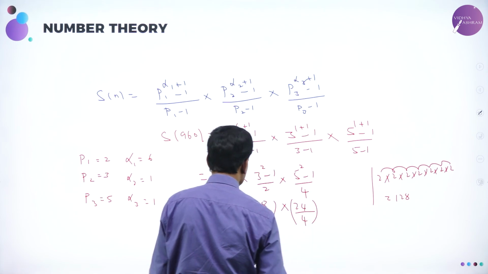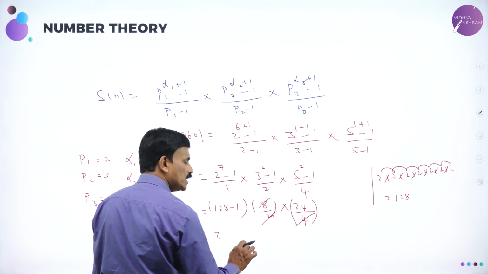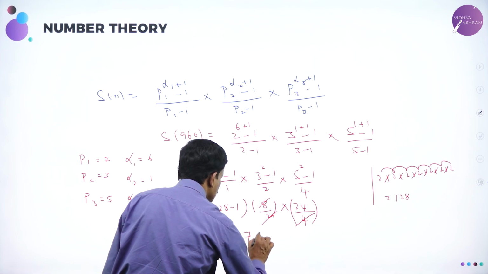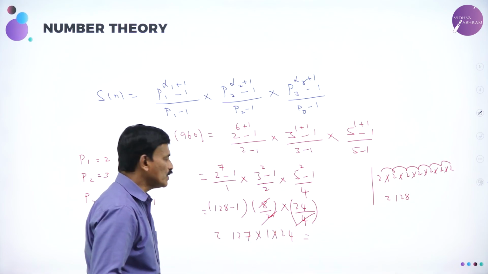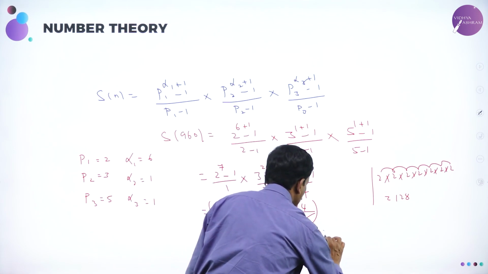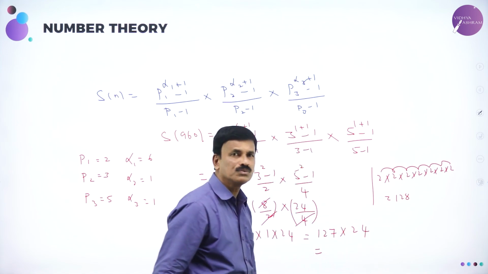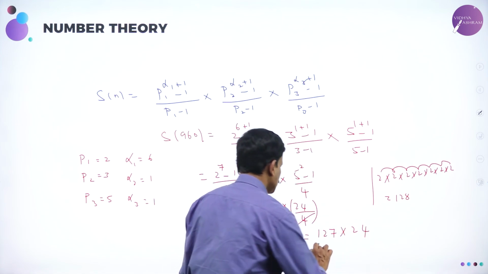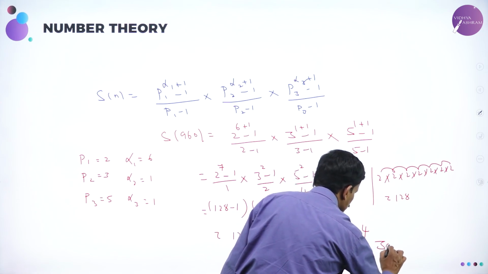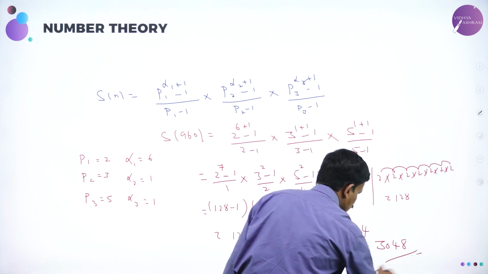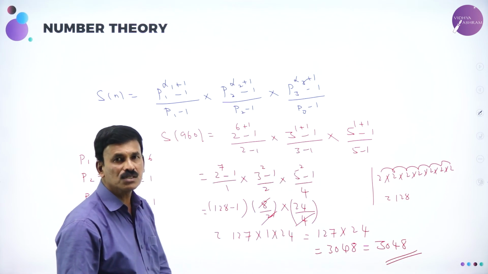Now what happens? 4 2s are 8 gets cancelled. 128 minus 1 is 127 into 1 into 24. 127 into 24 is equal to 3048. So the sum of positive divisors of 960 is 3048.